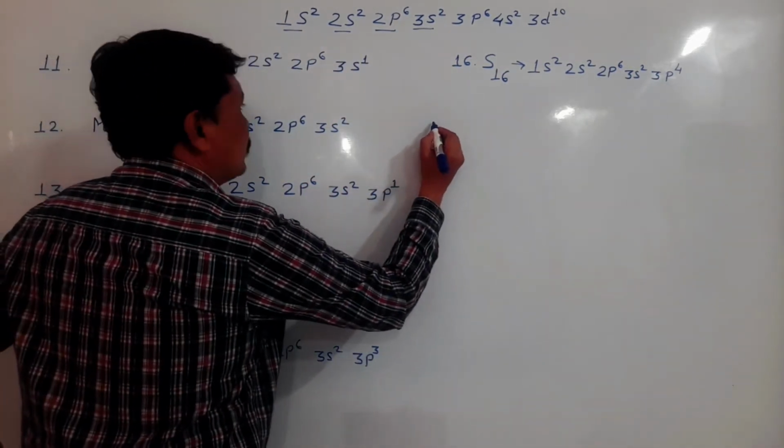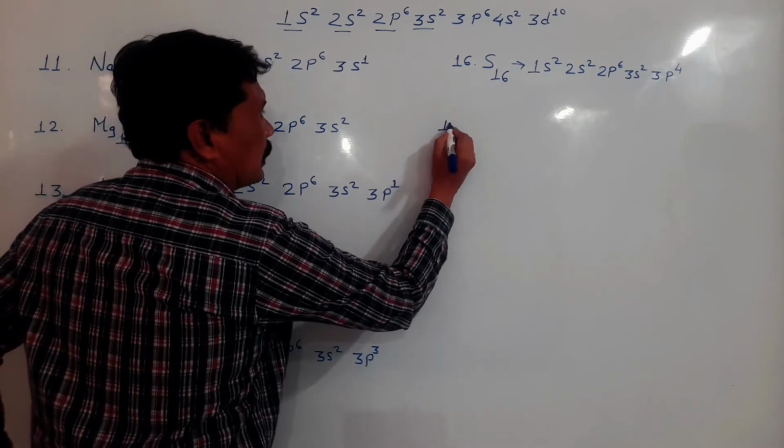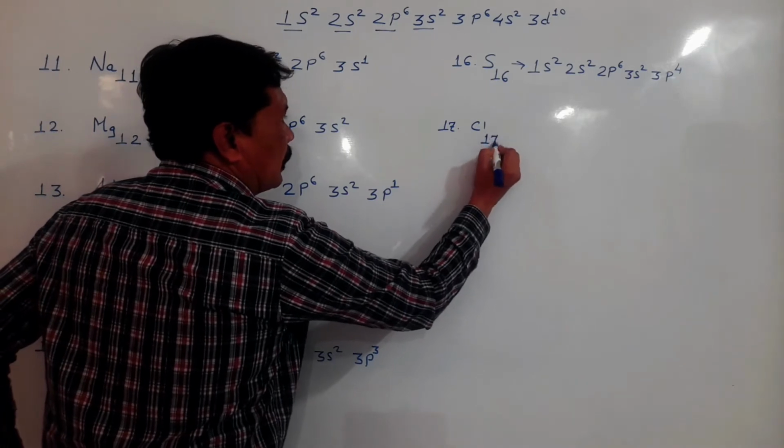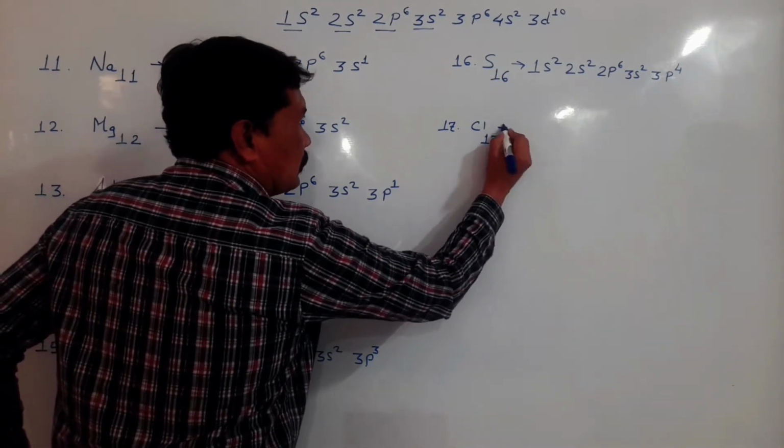The next element which we are going to study is chlorine. Its atomic number is 17.